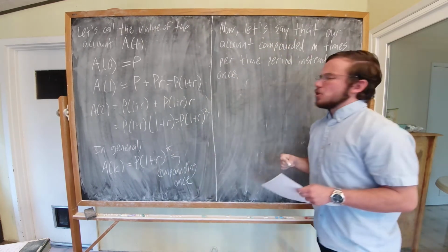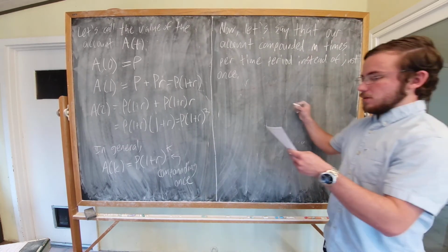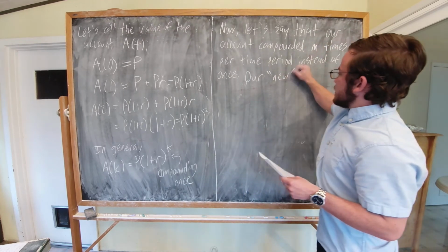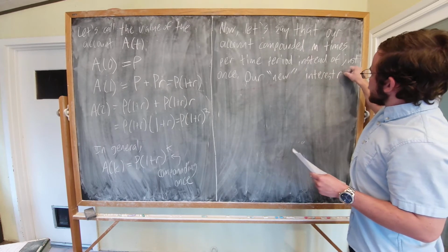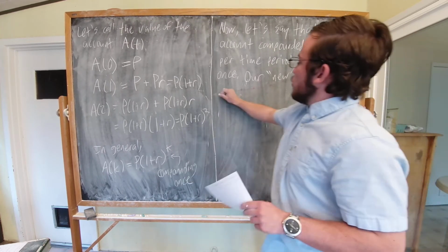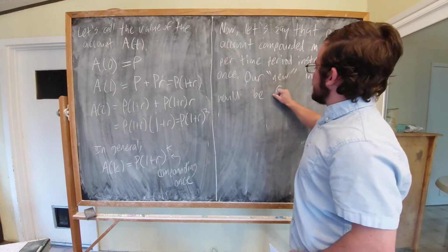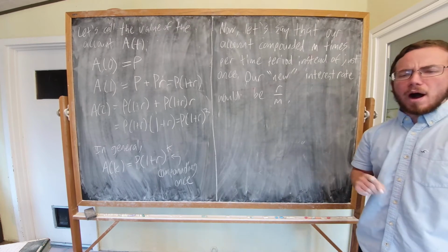Then the question becomes, okay, how much money do we get per compounding? Our new interest rate would be R divided by M. Okay, why that?